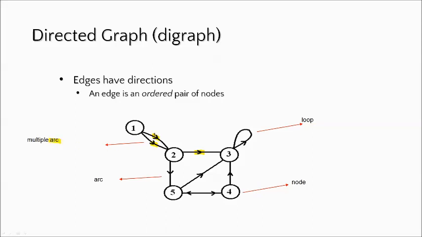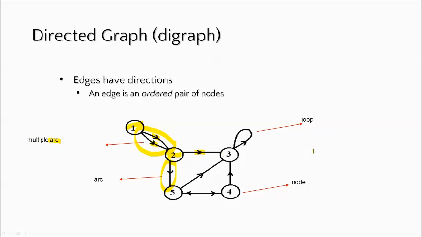As you can see on the screen, between vertex 1 and vertex 2 we have two arcs, so that's why it is called multiple arcs. While between vertex 2 and vertex 5, we have one arc or one edge. Either you call it an edge or an arc, it's acceptable.